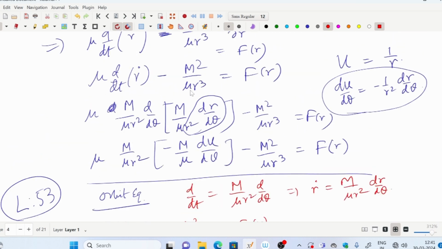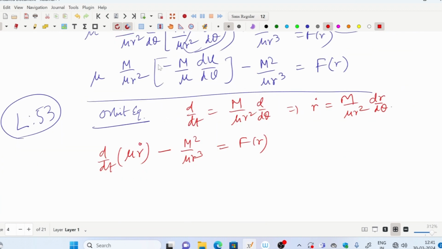So this is the equation, if you recall in the last lecture, this we derived. These two equations will help us derive the orbit equation.